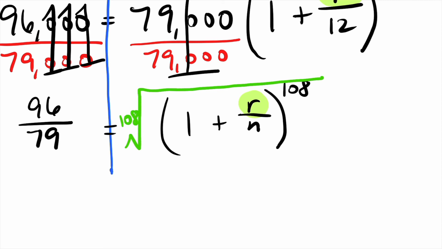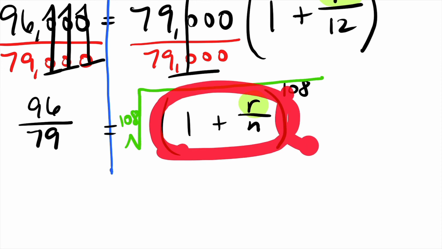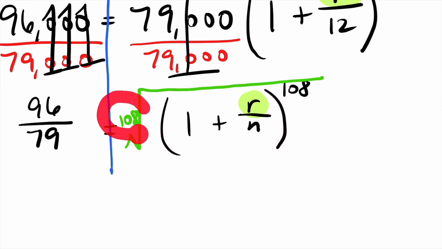Well, on the inside here, how many of these guys do I have lined up times each other? 108 of them, right? And what does this number out here mean? 108 of a kind, right? Well, how many groups of 108 do I have on the inside? One group. So I take out one of these guys.